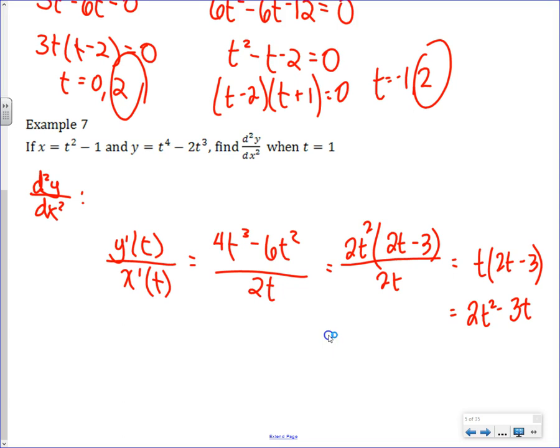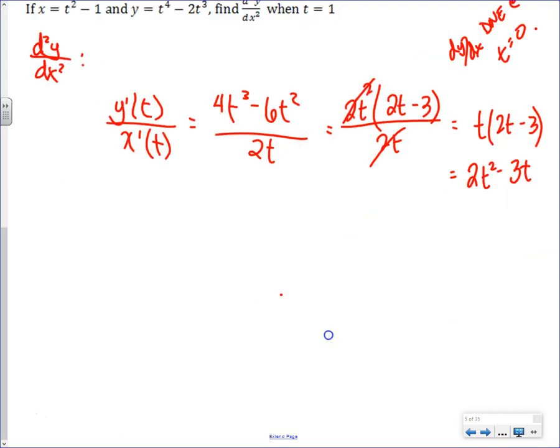Now technically, when we cancel something out, we do need to at least be careful that we haven't changed the meaning at all. Do we realize that dy dx is DNE at t equals 0? That's going to be a vertical tangent line. We did just take away that meaning, but I don't really think we need it. But there is a vertical tangent line at t equals 0. That's what happened by us factoring that out.